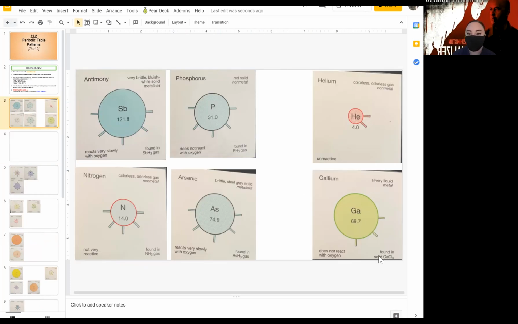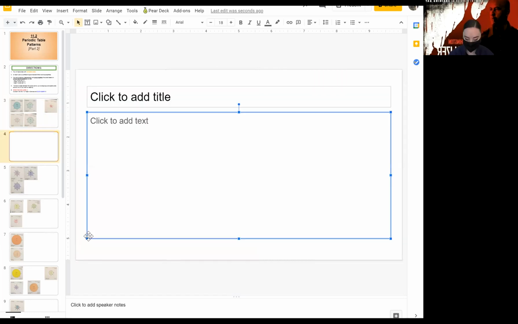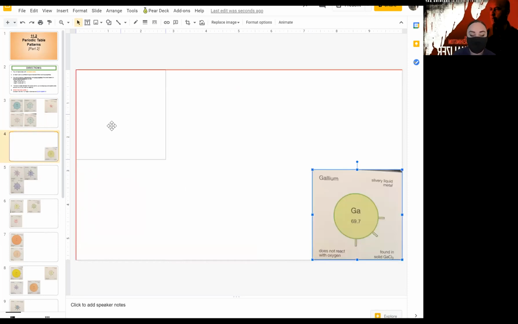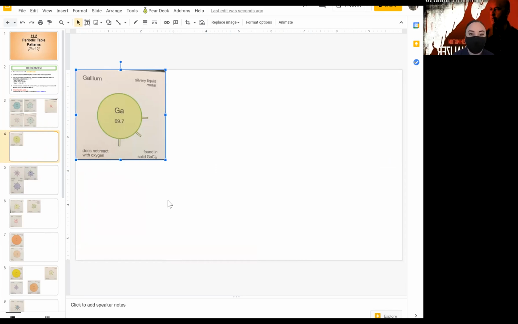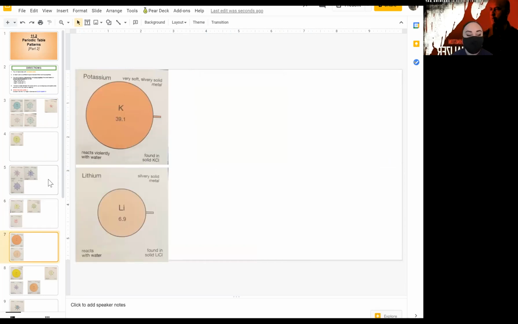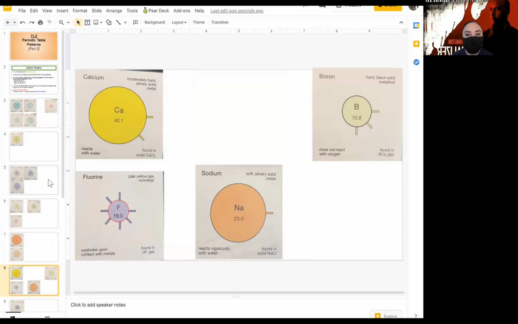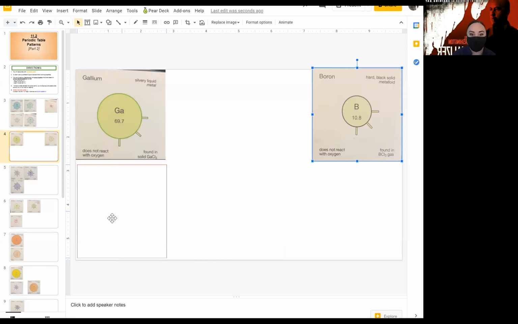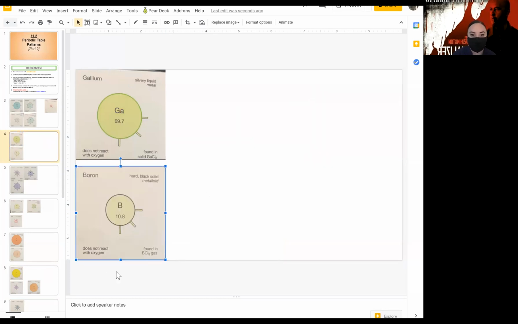Now, let's try to sort here. GA for gallium. Let's see if we can find cards to sort here for this one. So gallium has this light, almost lime green color, and it has 1, 2, 3 sticks coming out of the side of it. So if and when you see something that lines up with gallium, and boron, it's also that same very light yellow lime green color with 1, 2, 3 sticks coming out of it.